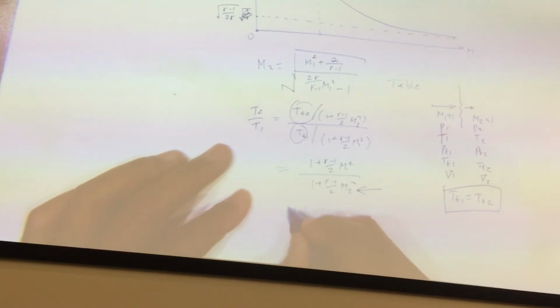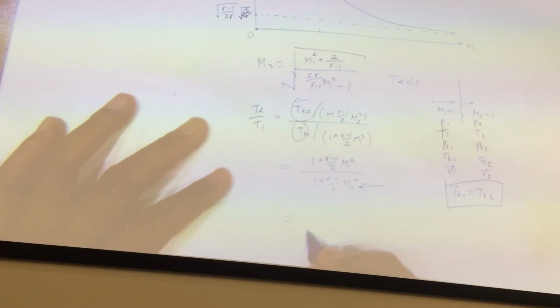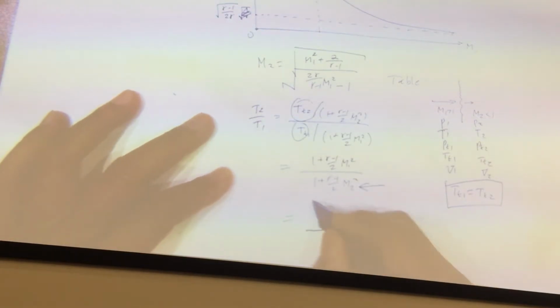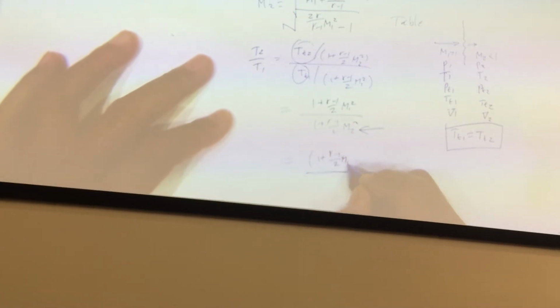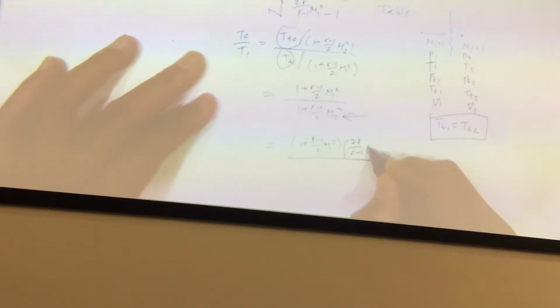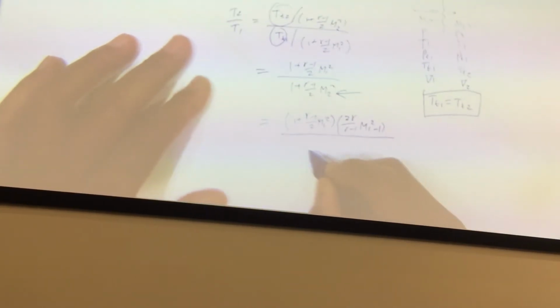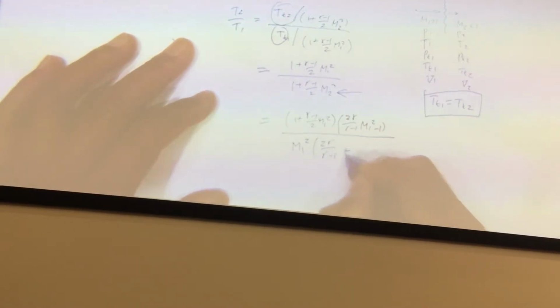M2 can be found in a few steps. You plug it in, and this will become 1 plus gamma minus 1 over 2 M1 squared times 2 over gamma minus 1, M1 squared minus 1, and so on.